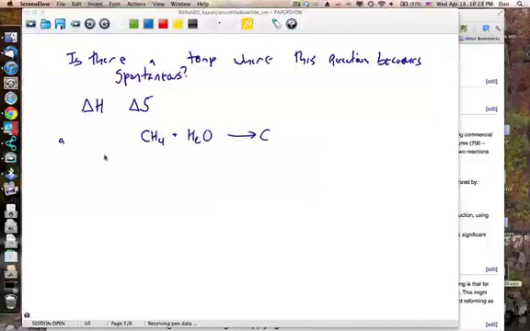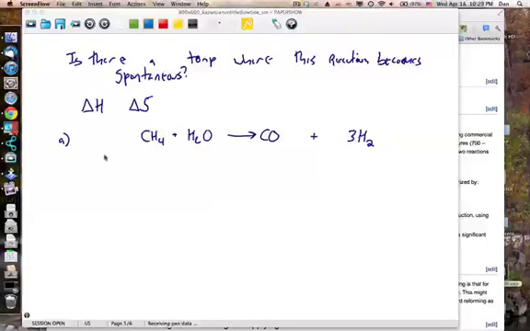So we're just going to look at reaction A. We already know that reaction B is spontaneous at room temperature. It might change its spontaneity, but we don't really care about that one. We'll just take a look at this one where everything is in the gas phase.